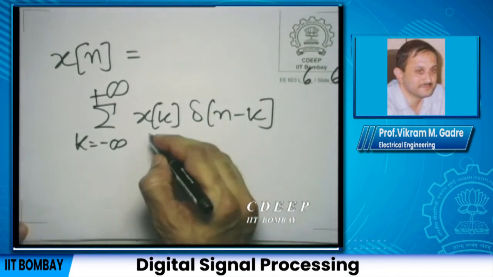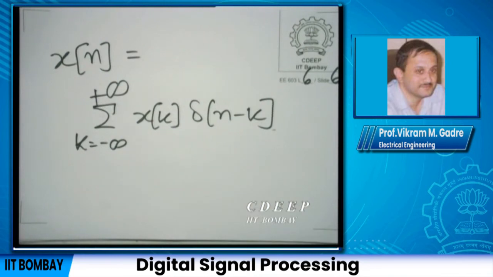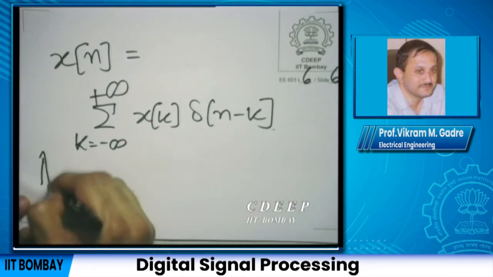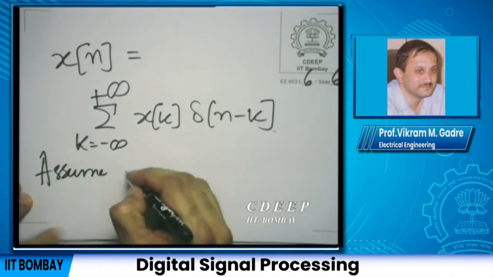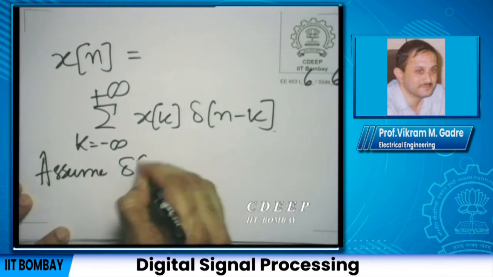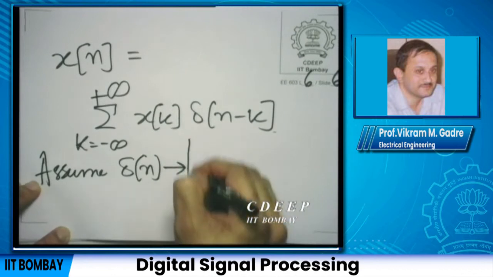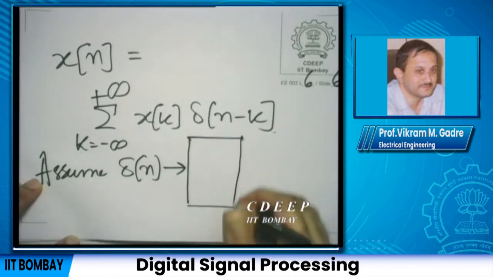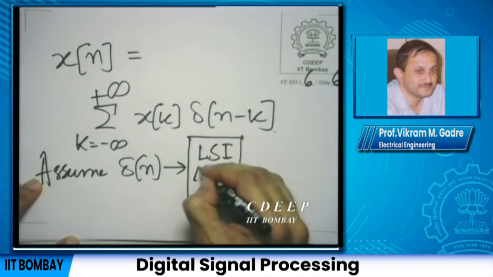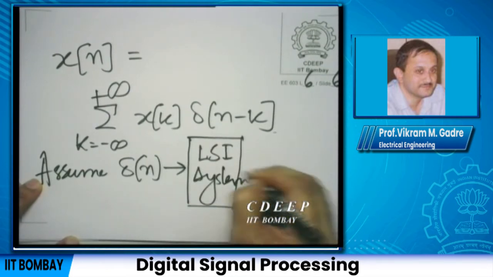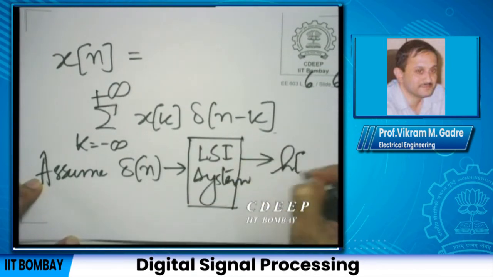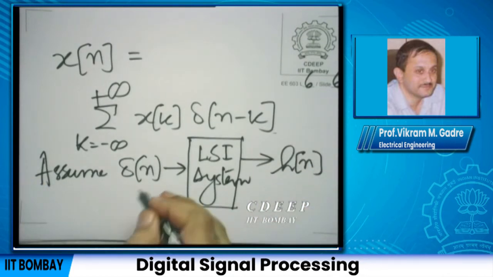Note, this is a constant, this is a sequence, and we assume that when we put delta n into this LSI system, we get a sequence h n emerging as the output. So, here there is a sequence that goes in and a sequence that comes out, please note. Naturally, this is the unit impulse response, the response of the system to a unit impulse.